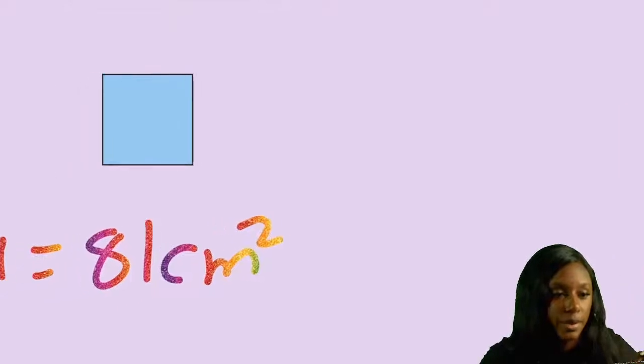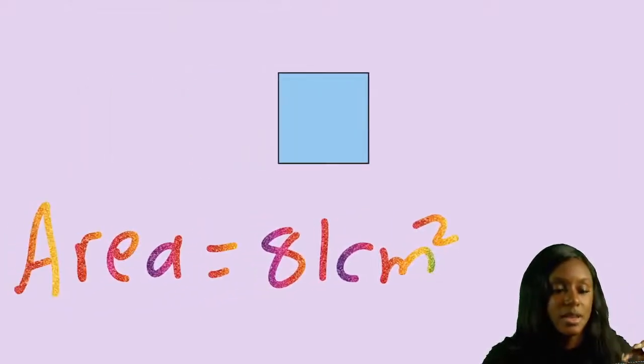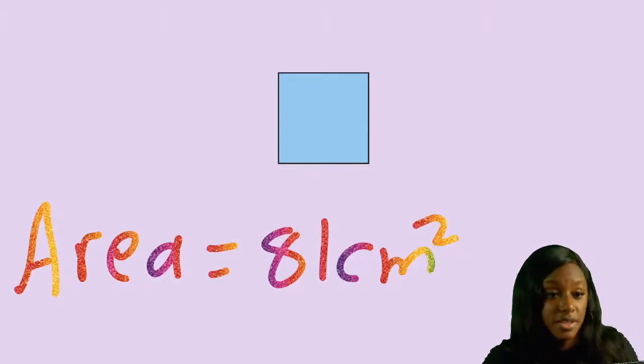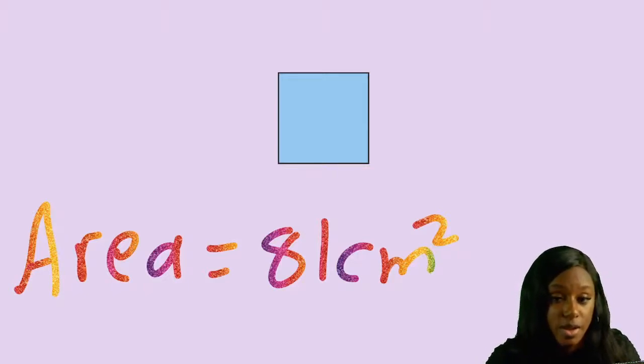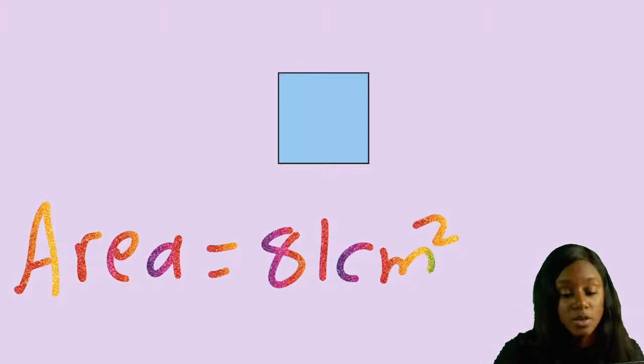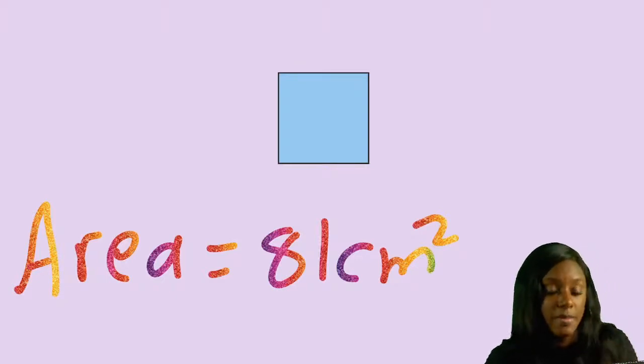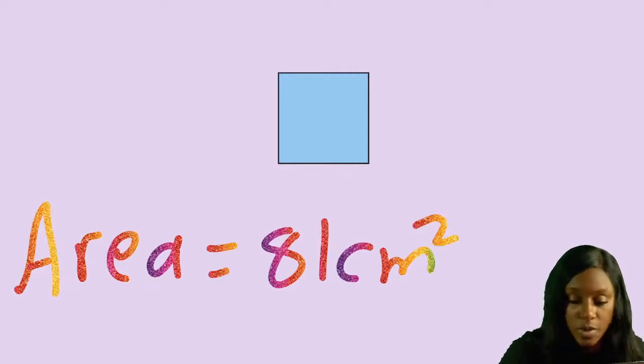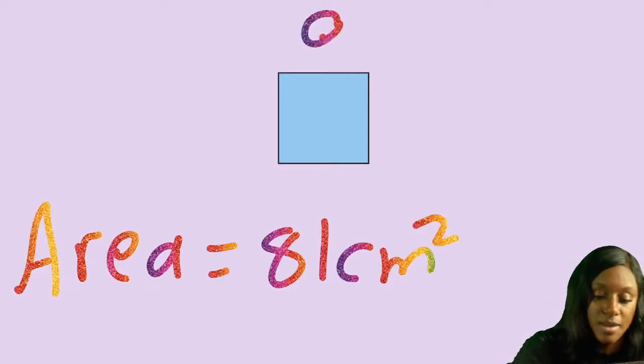They said that the tile was a square tile. So what does this mean? The length of all 4 sides are the same. So if the area is 81 centimeters squared, you ask yourself, what number do I multiply by itself to give me 81? And that number would be 9.